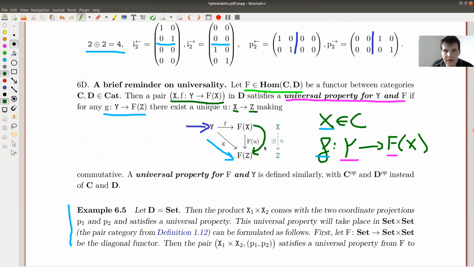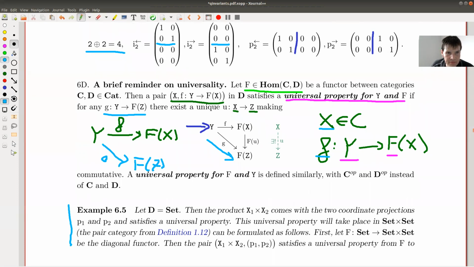So let me do it this way. We have our f. That's our choice. And we have fixed some map G, which goes to f of z.